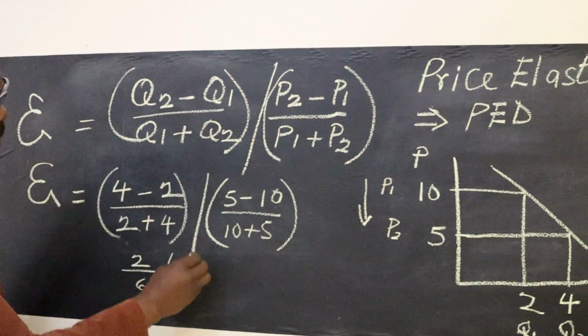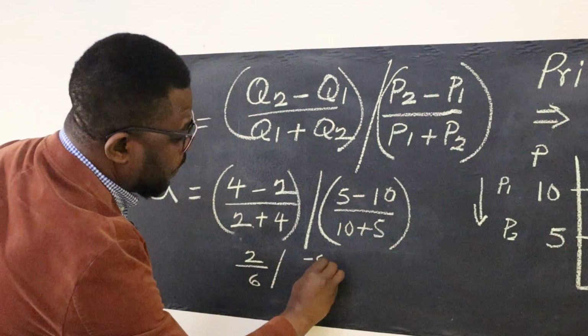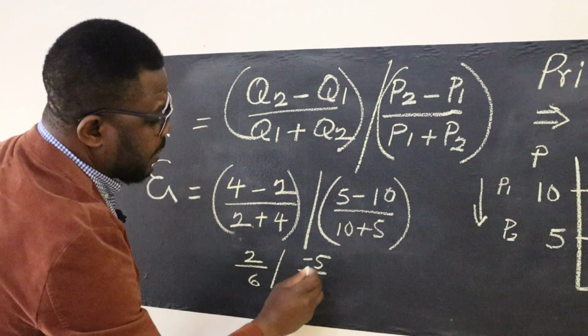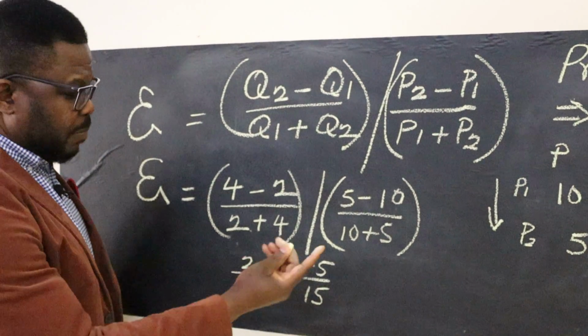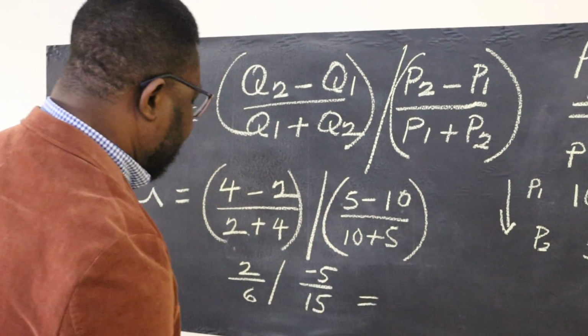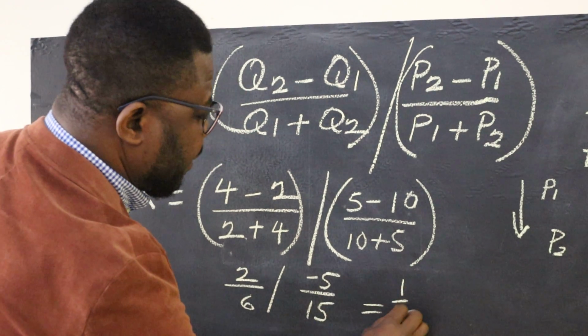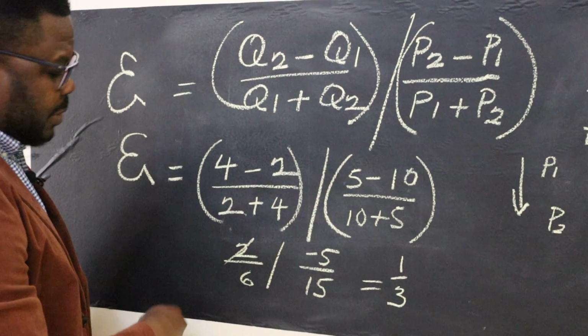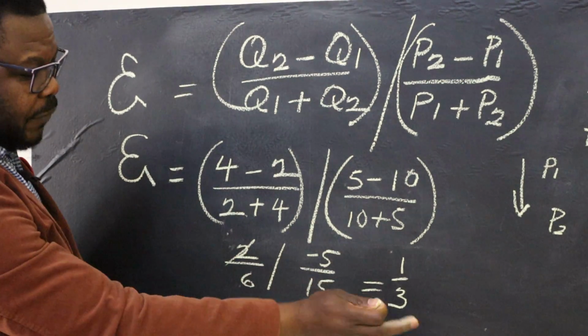So here we will have divided by minus 5 all over 15. We can make this much tidier. We'll have 1 over 3 here. We cross this out: 2 into 2 is 1, 2 into 6 is 3.